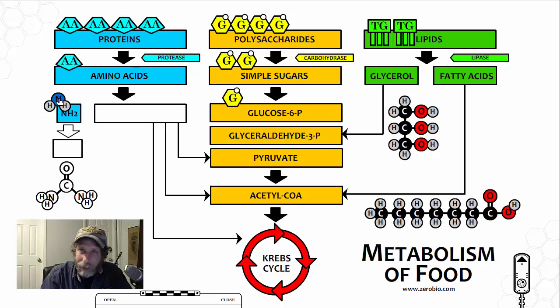There's some excess electrons, and this generally tends to attract another hydrogen atom, which would attach there, and that would produce ammonia. And ammonia is toxic. These amino groups have to be removed from the body.